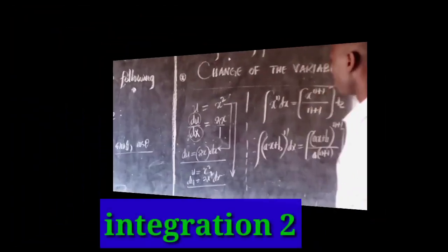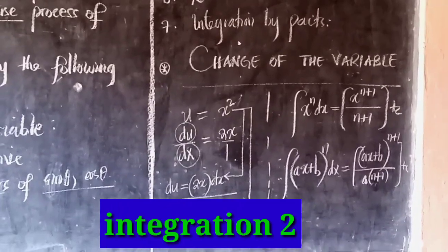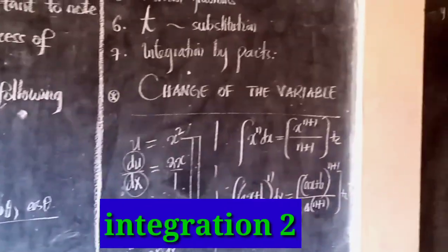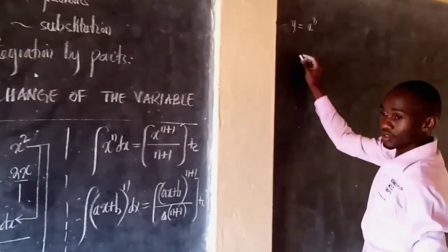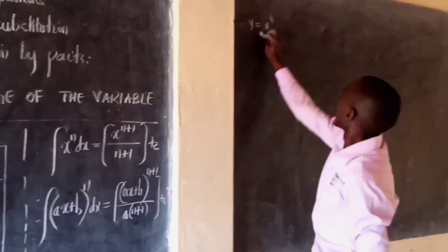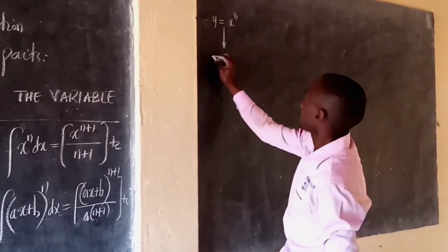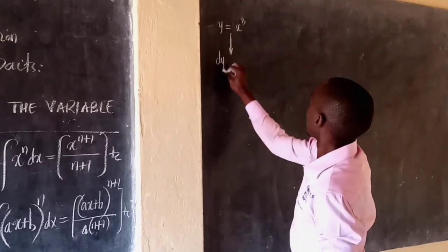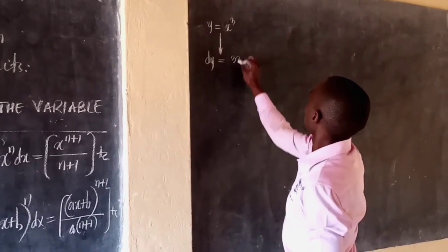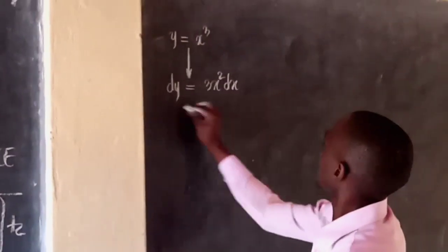Similarly, the quantity y equal to x cubed can be given as dy equal to 3x squared dx.